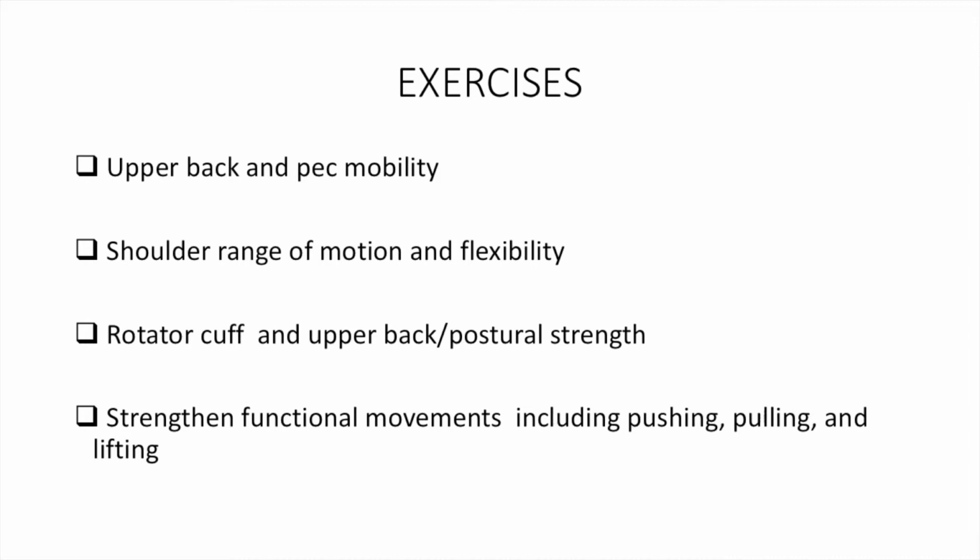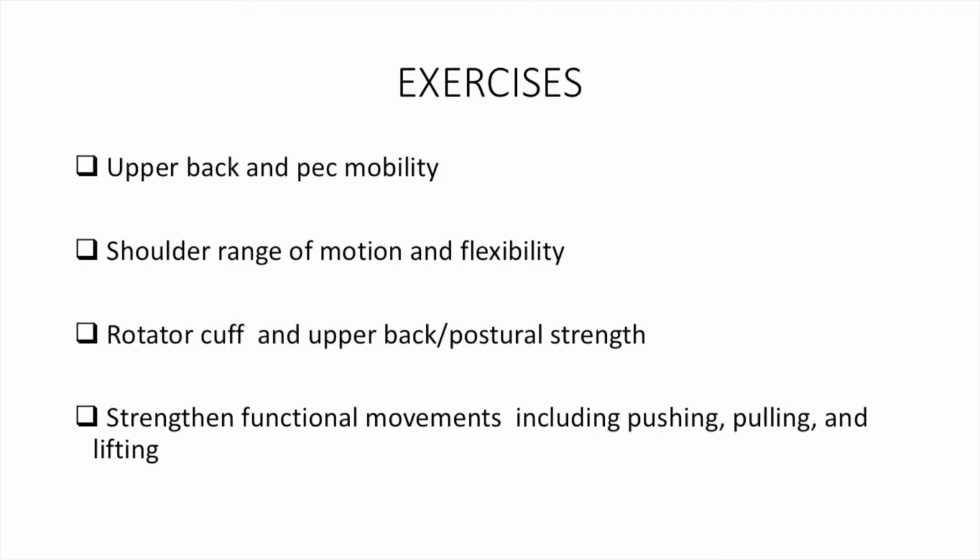And then we want the muscles of your upper back and thoracic spine, the ones that attach to your shoulder blade, to be strong and working correctly, because that'll help with the mechanical aspect of your shoulder pain. And then once we get you moving properly and we fix all the stabilizer muscles and the baseline strength that you need to function properly, we build functional strength with bigger movements like pushing, pulling, and lifting.